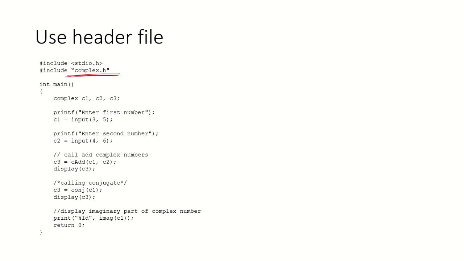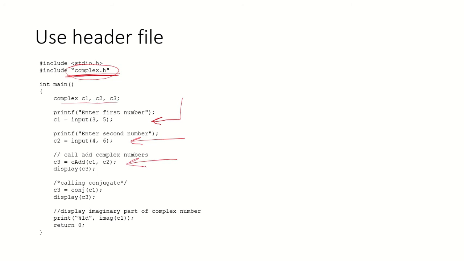So say the name of that header file is complex.h, and now we have included this header file, which has all the prototypes, and using that header file and the hidden code behind it, any user should be able to use these functions now.